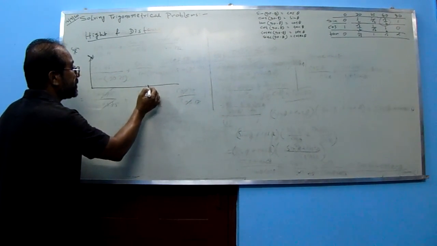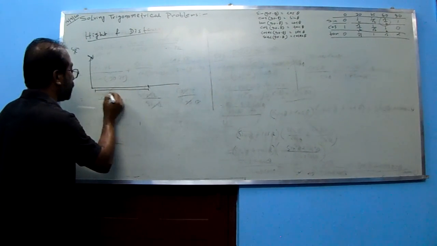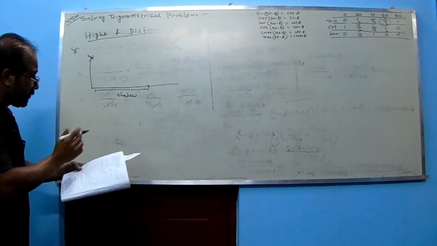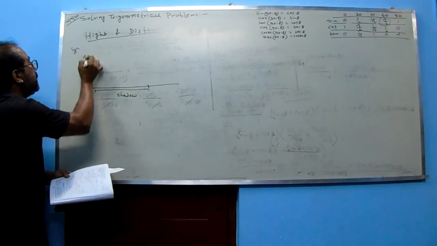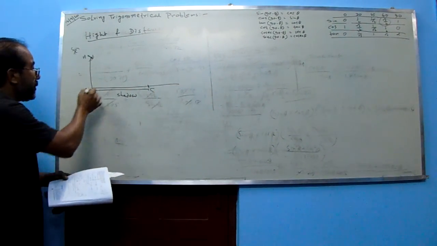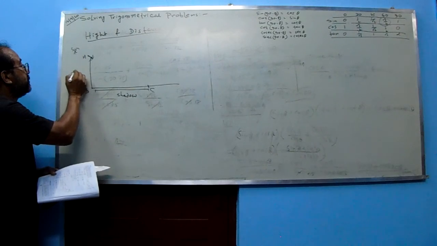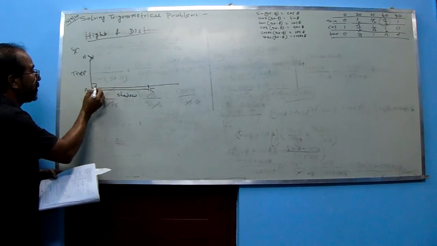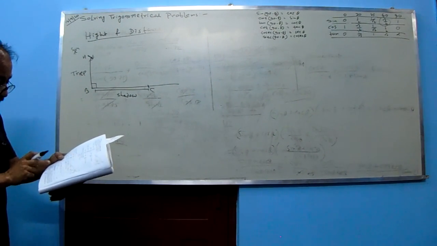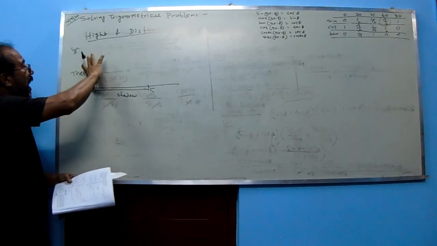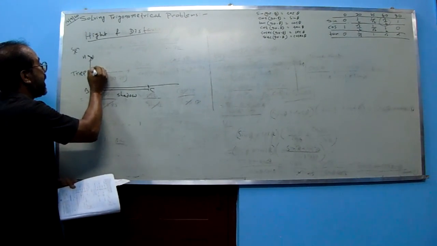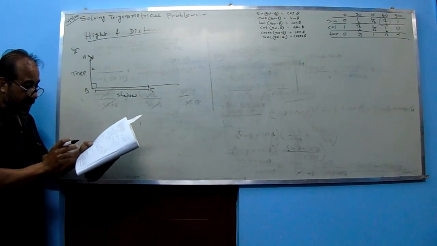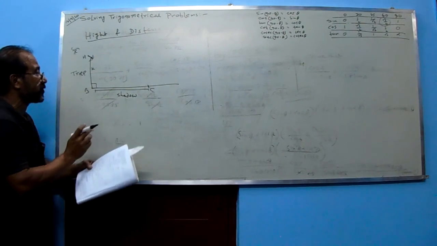So this is the shadow. If I name the points A, B, C, AB is treated as the tree and BC as the shadow. Here it is obvious it is 90 degrees. Now this is the height of the tree. The height of the tree is root 3 times the length of the shadow.